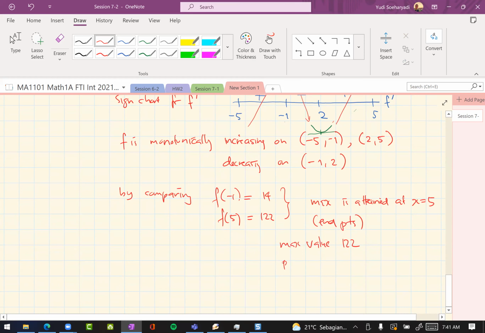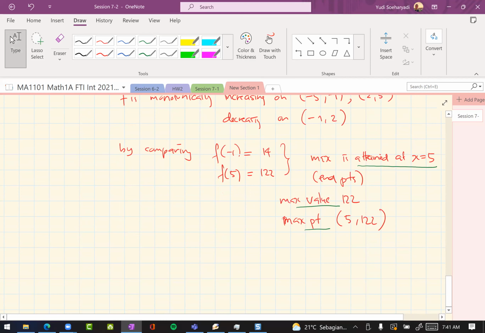The maximum point is there. Okay, so you see this is attained here. This is the maximum value. This is the point. All right.